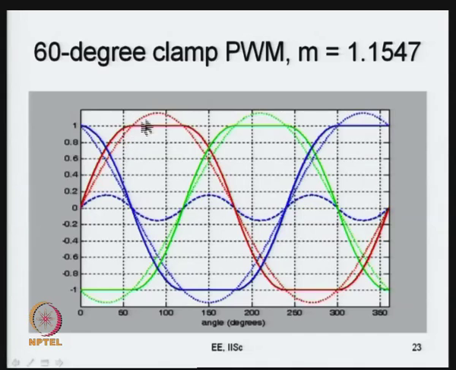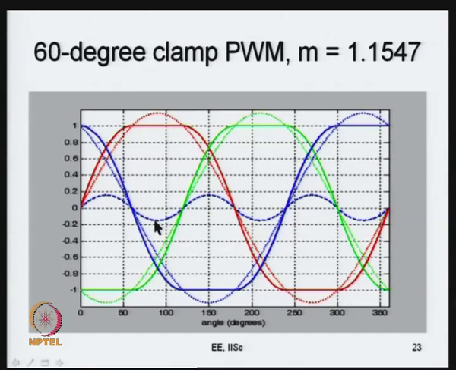This is the case where it is the highest possible fundamental voltage I have drawn. This is the common mode component. When I add the common mode component, the waveform between 60 to 120 degrees is still clamped, and then it comes down. This part is not sinusoidal; this dotted line is a sinusoid, but the solid line is not. What is the difference between the dotted line and this sine looking wave, which is not really a sine wave?